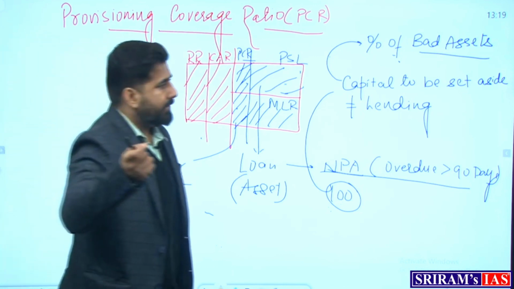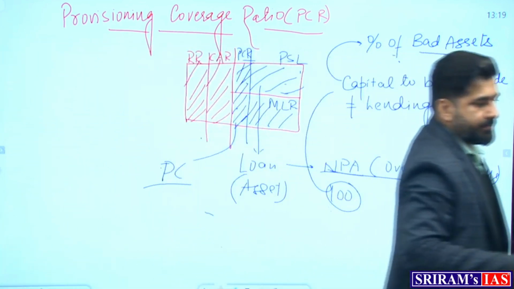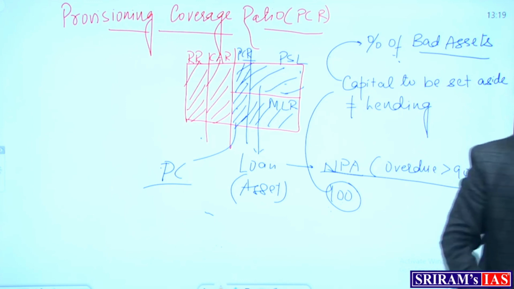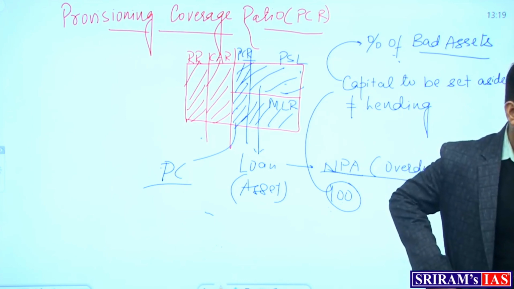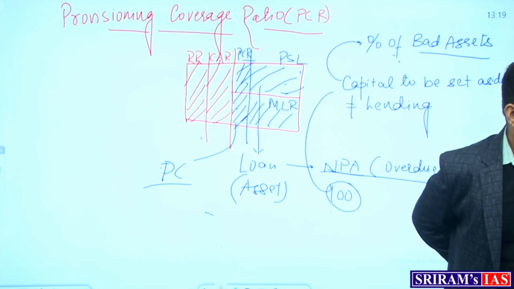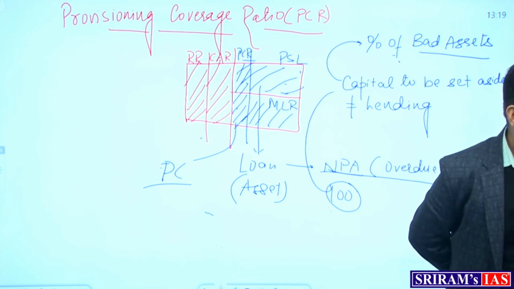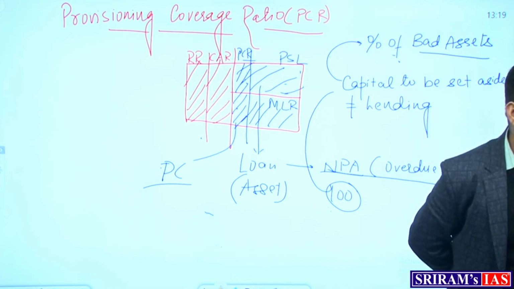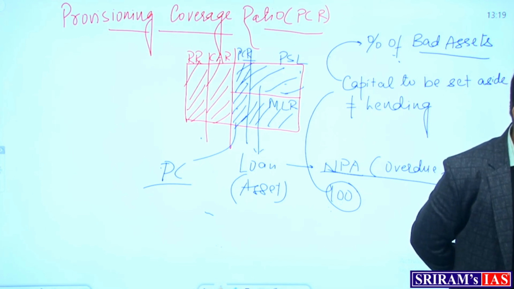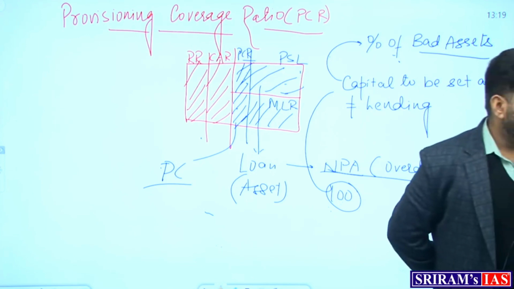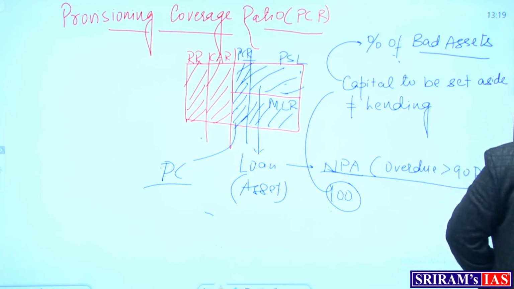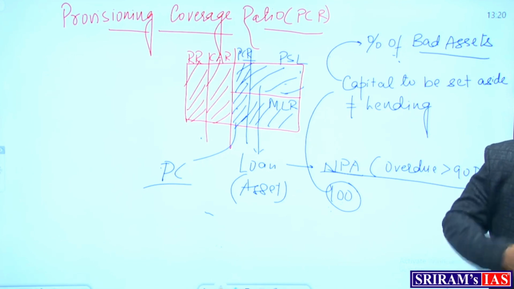ठीक है? So a little bit, you write down 1 or 2 points about PCR. Provisioning coverage ratio indicates how much money a bank has to set aside to cover loan losses.